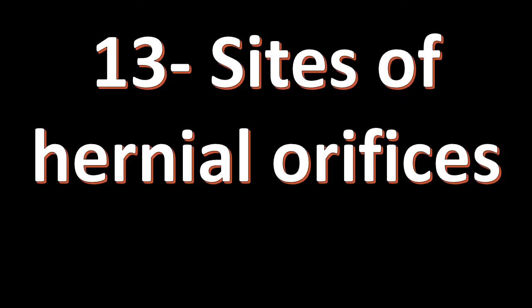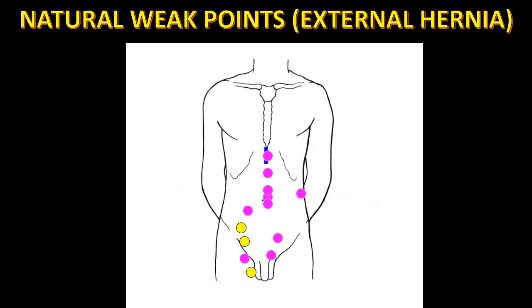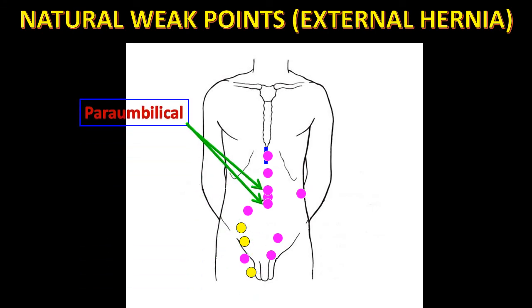Sites of hernial orifices. This is very important as a part of general examination in clinical examination of any patient for any disease and on abdominal examination. The paraumbilical hernia protrudes through one pole of the umbilical cicatrix, whether the upper pole, which is commoner, or the lower pole, less common.